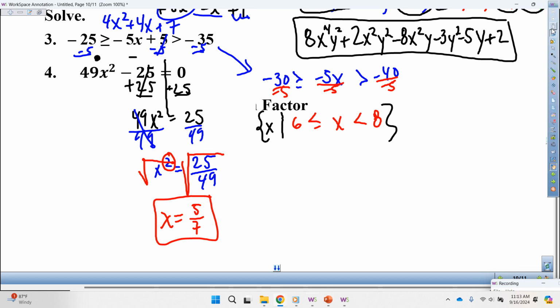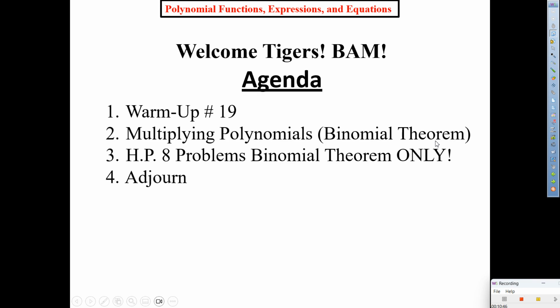All right, copy the agenda, please, once you send that in. Warm-up number 19, multiplying polynomials. Today we're going to be looking at something called the Binomial Theorem. And tonight's home plate, 8 problems for the Binomial Theorem only. Yes, sir? Oh, sorry. It's frozen. Let it go, let it go.